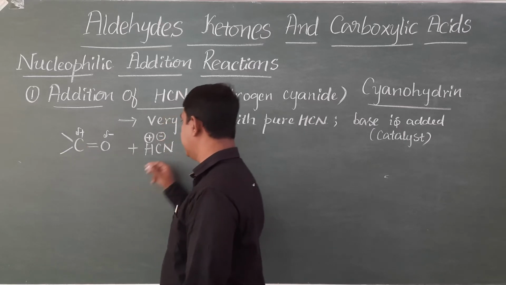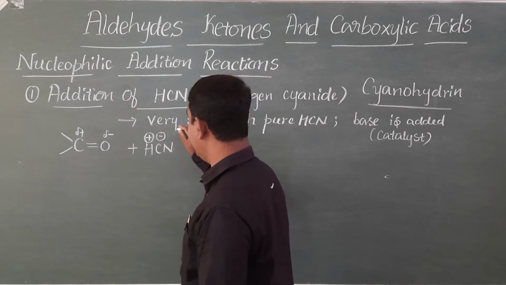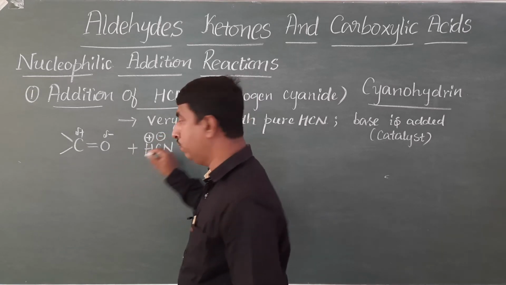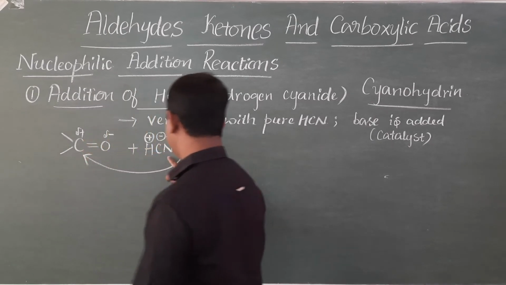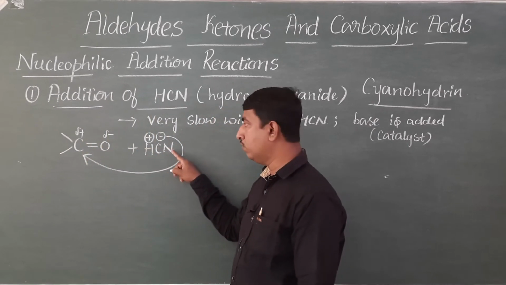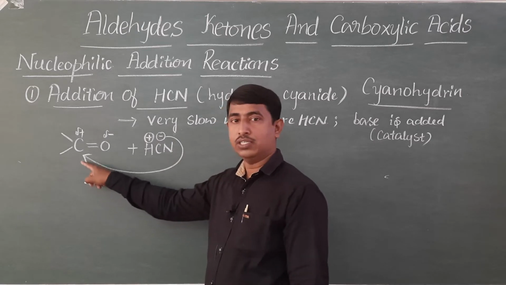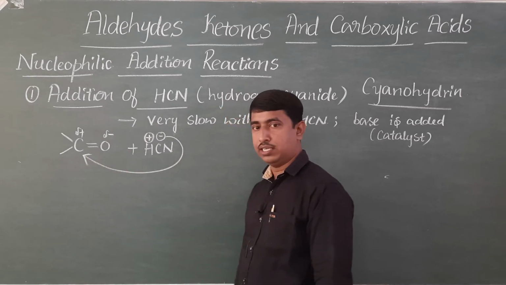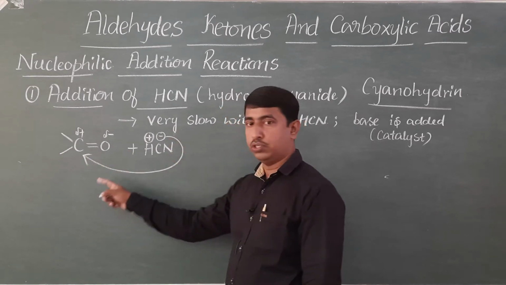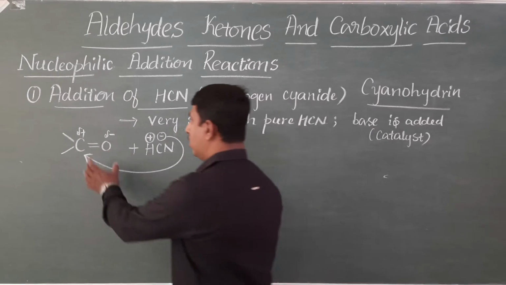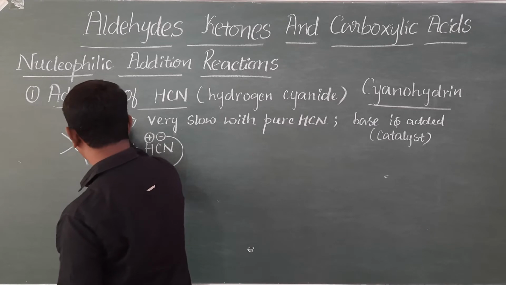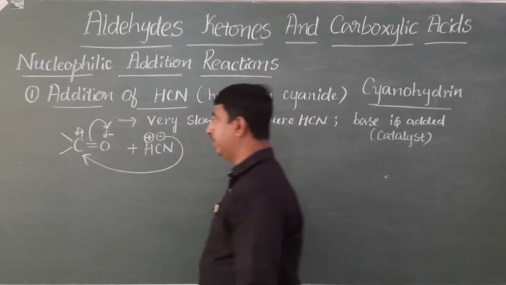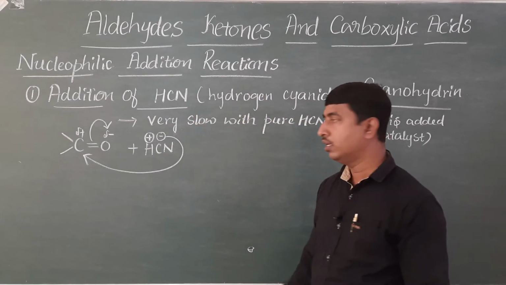Now this electrophilic center, carbon carrying positive charge, is readily attacked by the nucleophile, that is CN minus. So CN minus acts as the nucleophile. It readily attacks the positively charged carbon. Once it attacks, the electrons will be completely shifted to oxygen.